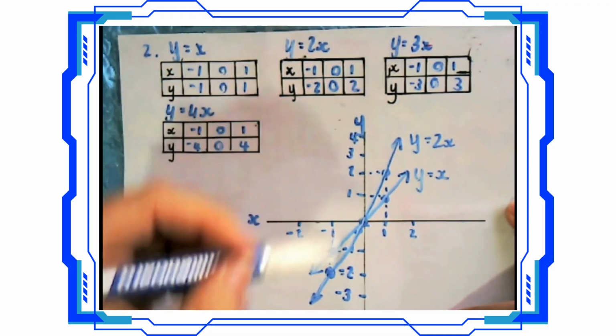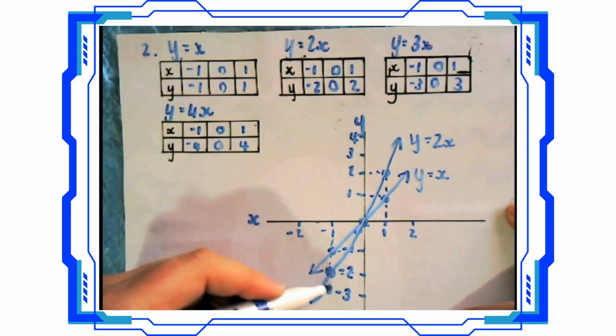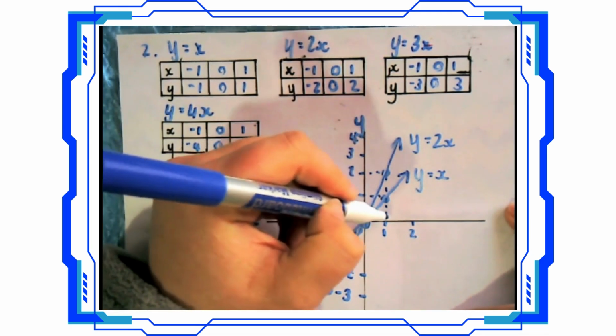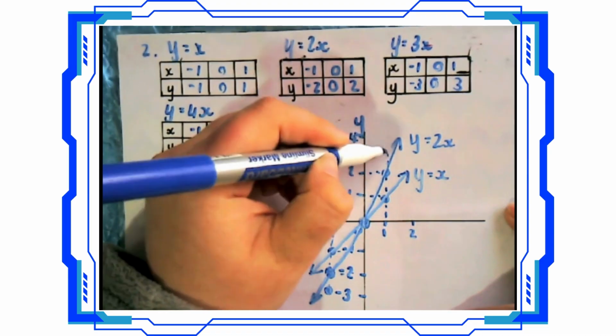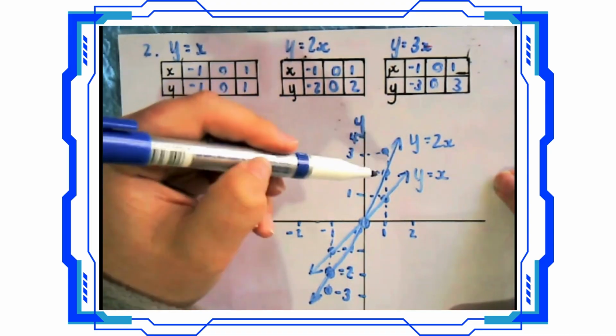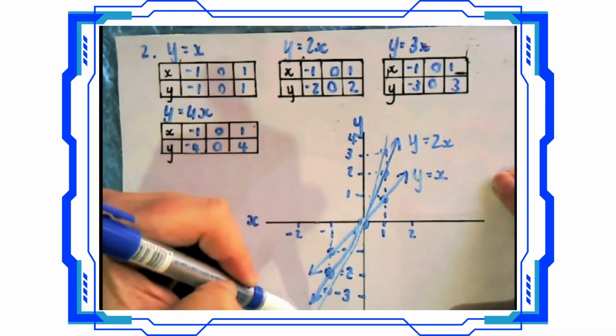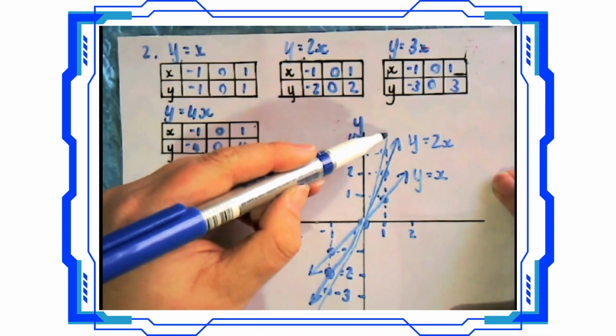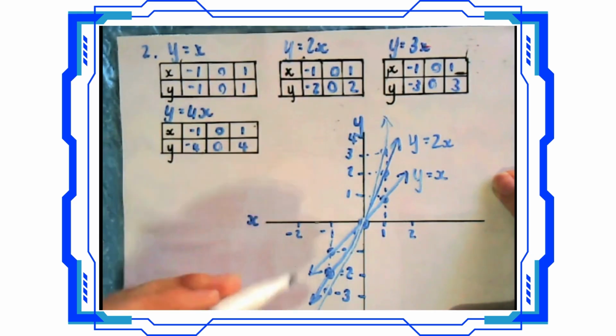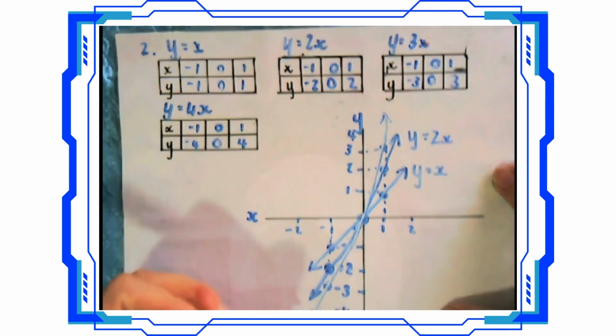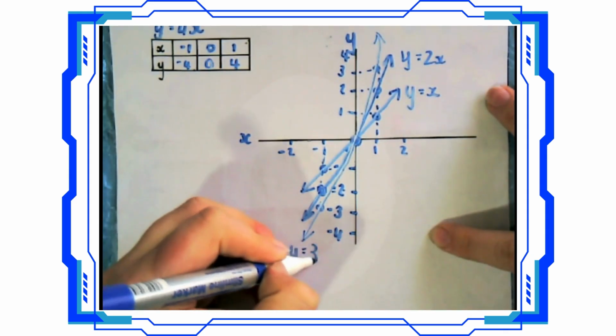Okay, then -1, -3. So there, 0, 0, and 1, 3. I'm going up. You see they're all on top of one another. Okay, make each one a bit longer so you have space. I'm going to write this equation here now.